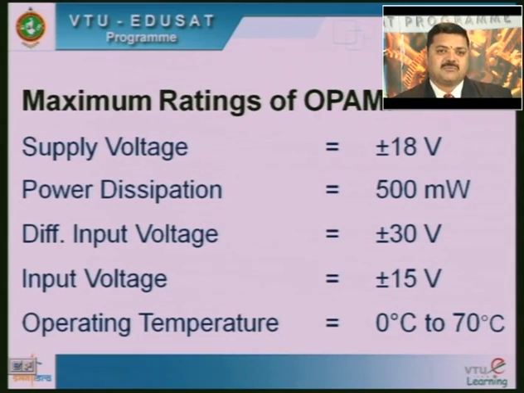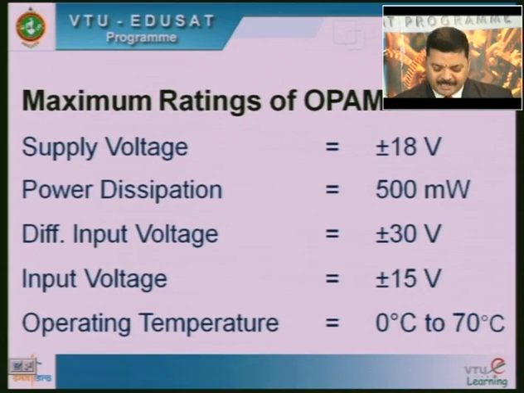The maximum voltage difference between these two terminals we can apply is plus or minus 30 volts. So, the maximum differential input voltage with which the op-amp can withstand is plus or minus 30 volts. The input voltage is plus or minus 15 volts. That means we can give plus 15 volts at the positive terminal, minus 15 volts at the negative terminal of the op-amp.